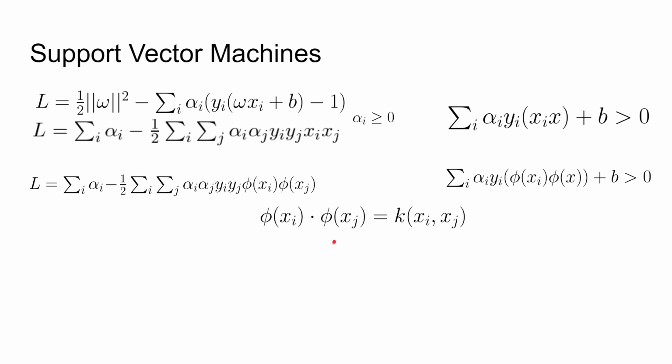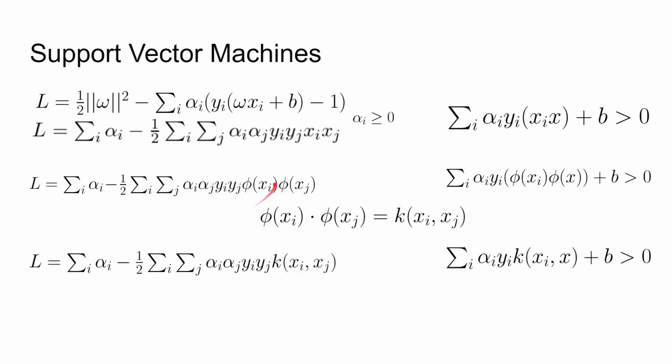These are the kernel functions. I'm computing the kernel functions on my raw data, but that's the same as computing all of my features and then doing the dot product in the features. This means I could have hundreds of thousands or millions or an infinite number of features. It doesn't matter.